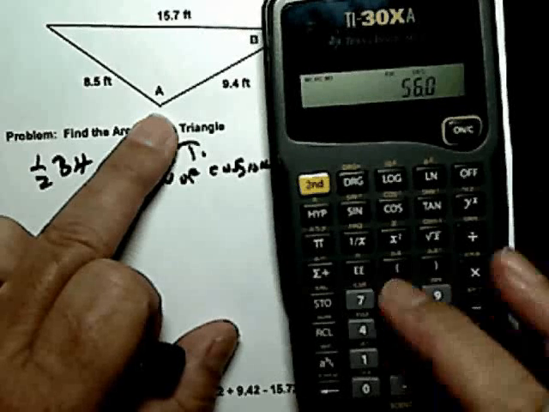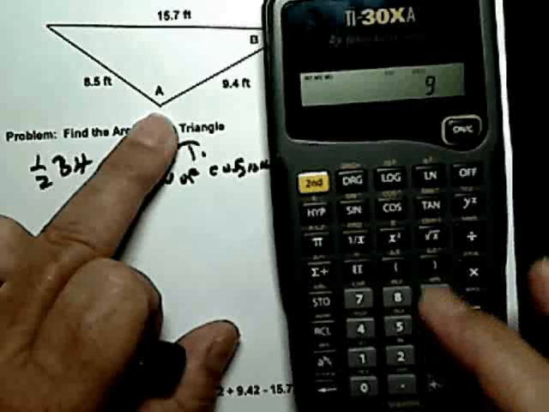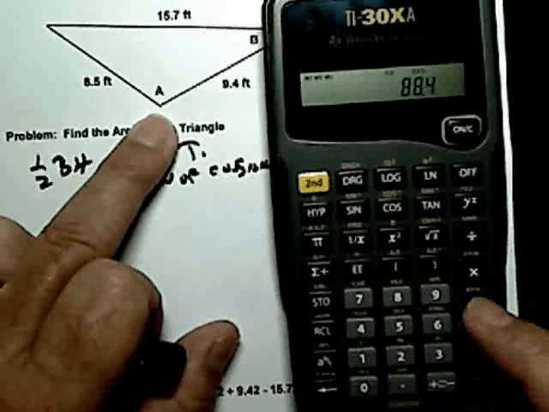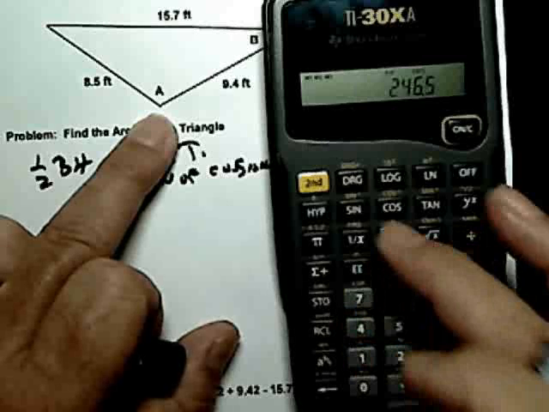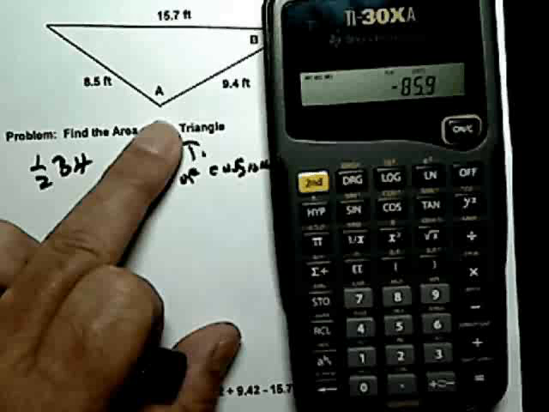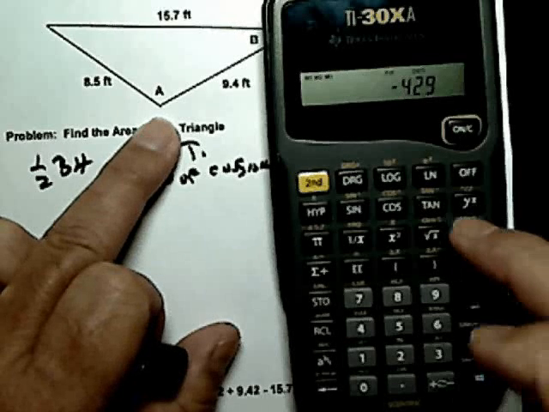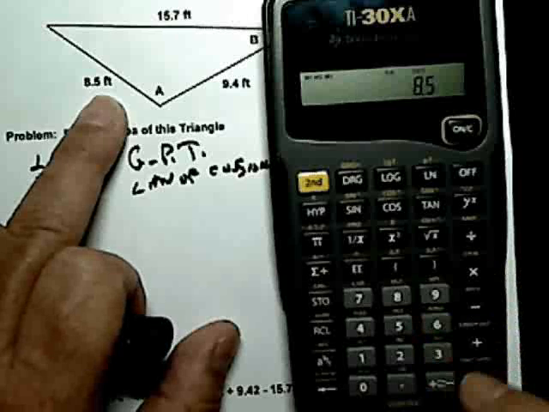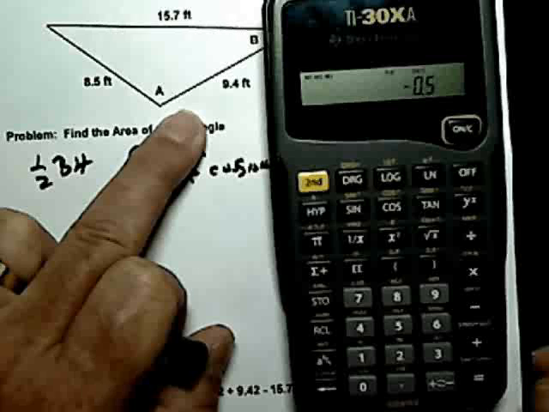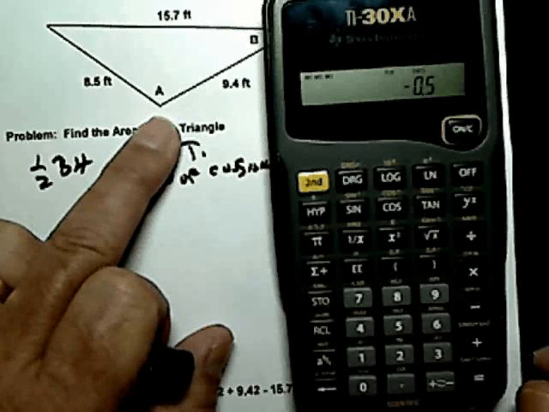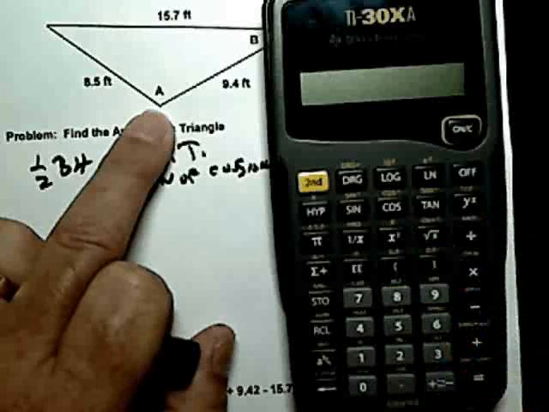We're going to take 8.5 squared, add 9.4 squared, subtract 15.7 squared, and we get equal. Then, according to the law of cosines, we divide by 2, equals, divide by 8.5, equals, divide by 9.4, equals, and that gives us the cosine of this angle.